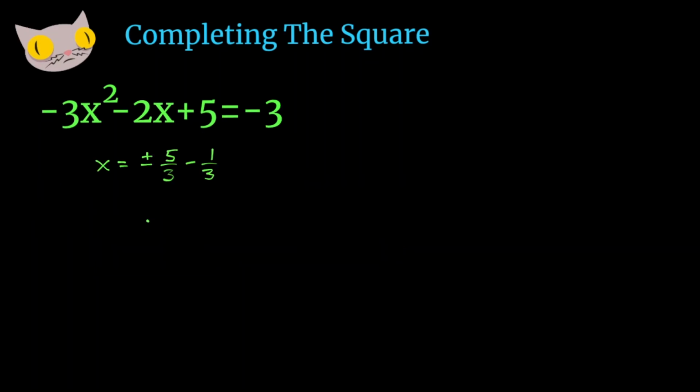So we should be left with x is equal to plus or minus 5/3 minus 1/3. So for our positive case, our x1 value, we're going to have 5/3 minus 1/3, and that's going to give us 4/3. And our x2 case, our negative case, is going to be negative 5/3 minus 1/3.